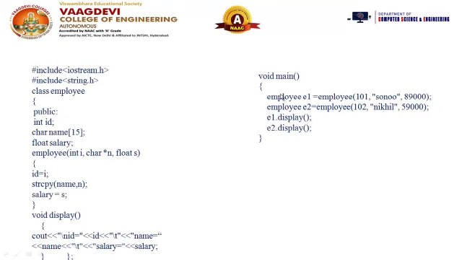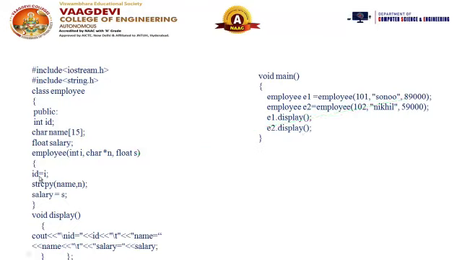This statement calls the constructor with three parameters and these are the values that are passed to the parameters I, N and S.